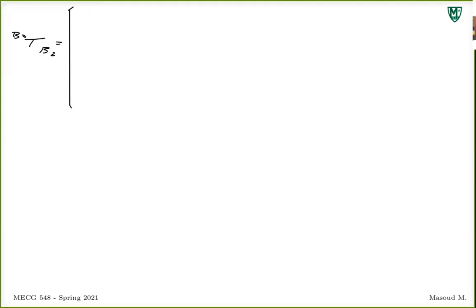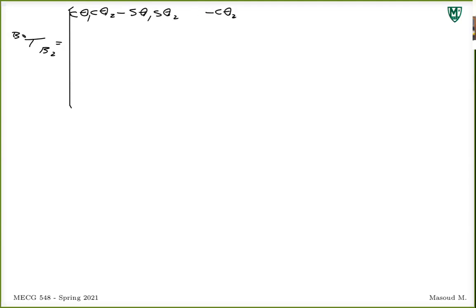This one becomes cosine theta 1 cosine theta 2 minus sine theta 1 sine theta 2. I'm going to write C and S, it's easier: C theta 1 C theta 2 means cosine theta 1 cosine theta 2.